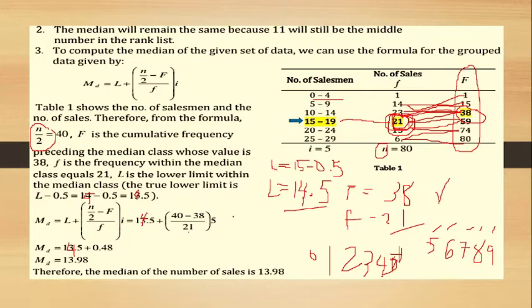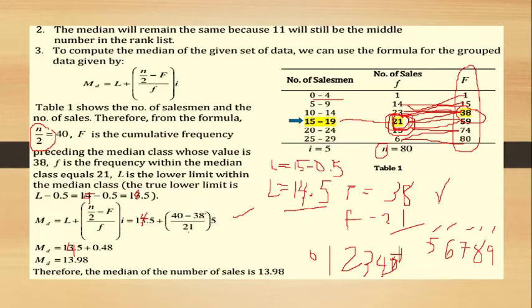Okay, let's move on. So, simplify. Copy 14.5 here plus 40 minus 38 over 21. First, subtract on your calculator: 40 minus 38.